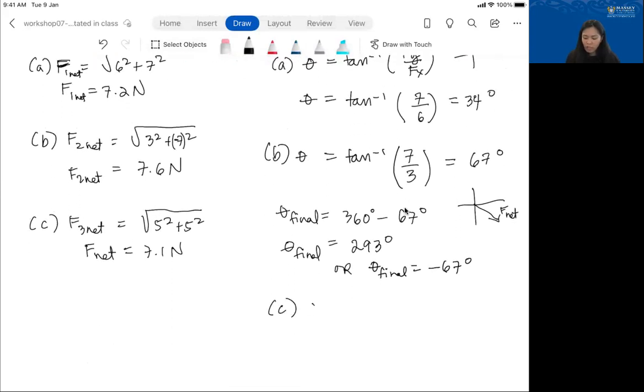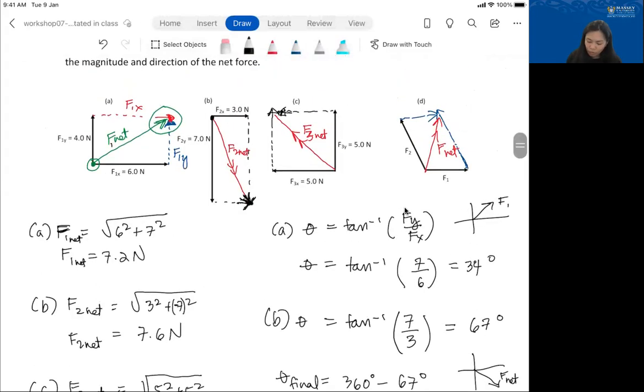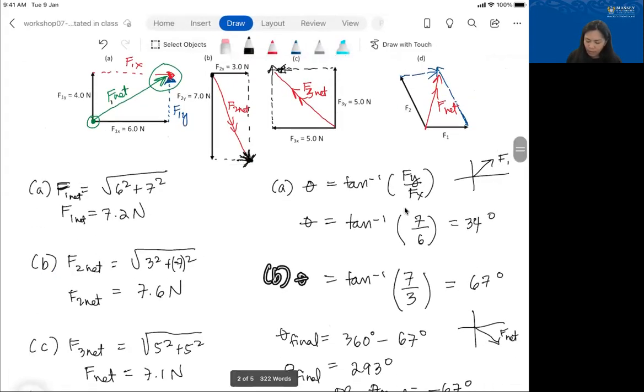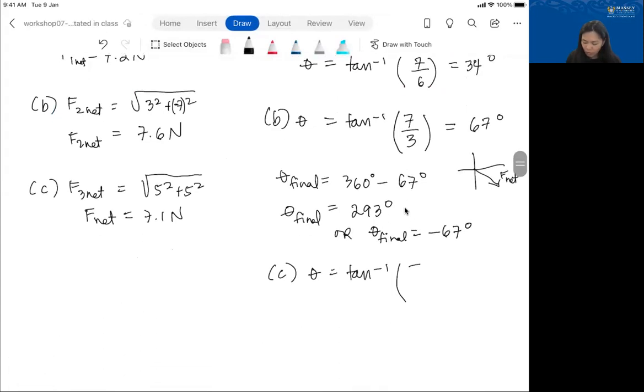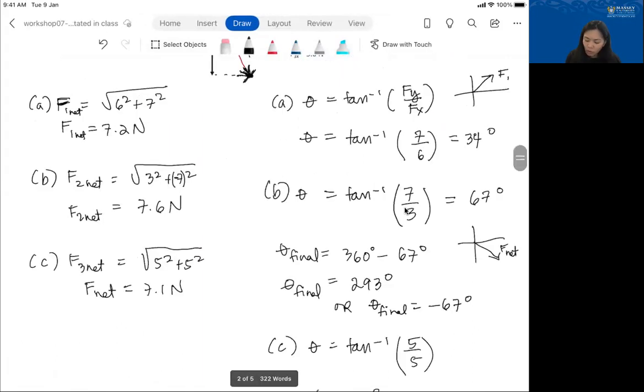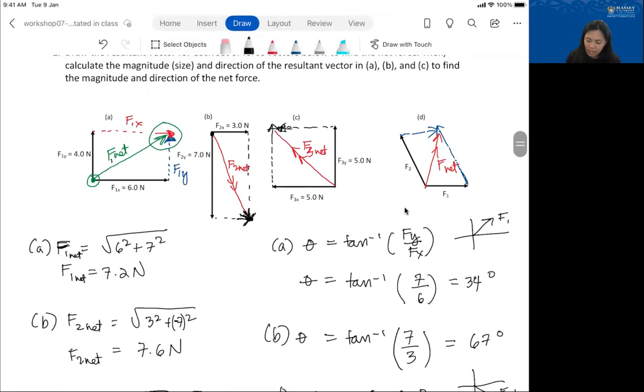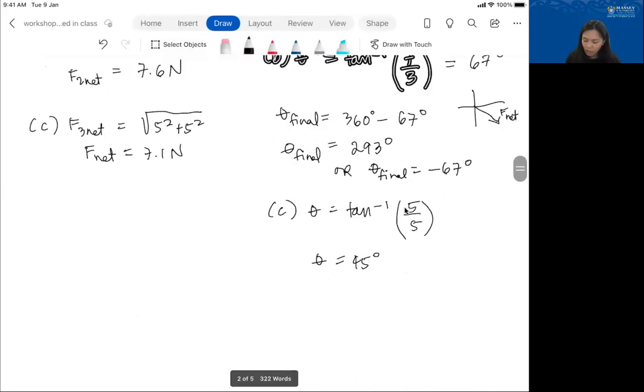And then for the last one, you do again arctangent theta equals opposite over adjacent. Well, the y component and x component are both 5. So that's 5 divided by 5. You'll get an angle of 45 degrees. But notice how the net force is in the second quadrant. It's going up to the left.